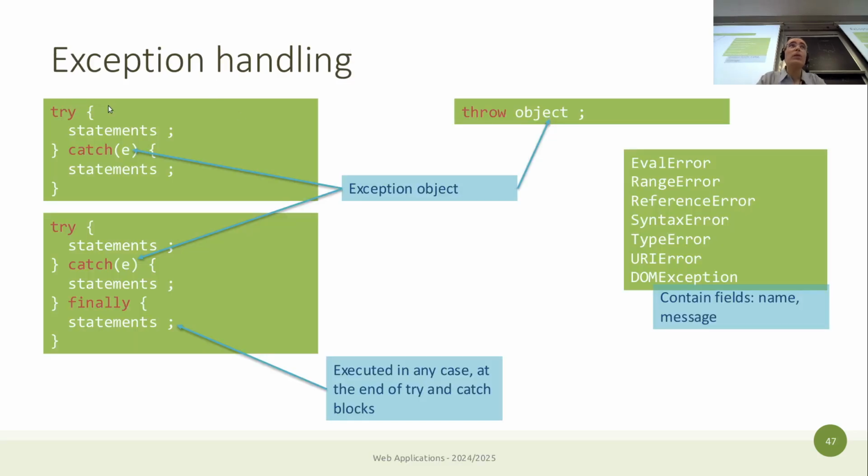Exceptions: JavaScript supports exceptions. You can write try catch, you can have try catch finally, you can throw objects. That is the basic way in which you create an exception. There are exceptions already ready to be used, and some of these exceptions are thrown by the execution environment, as we saw before, like syntax error, for instance.